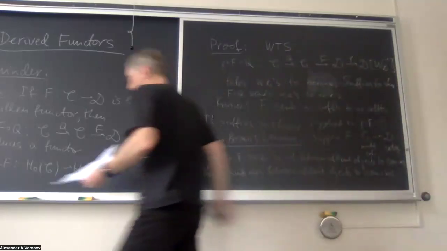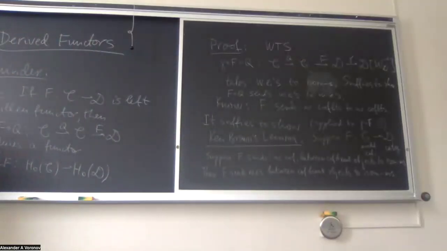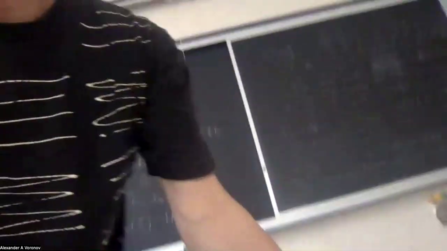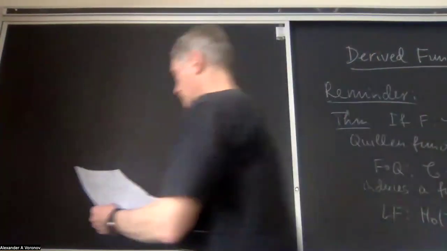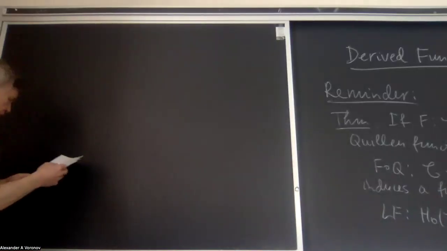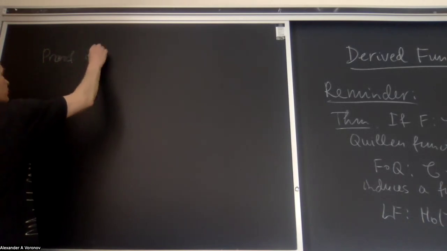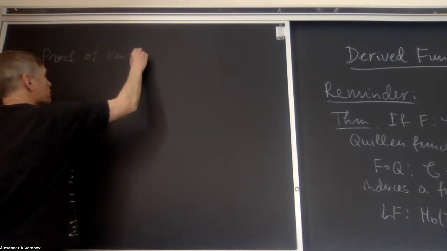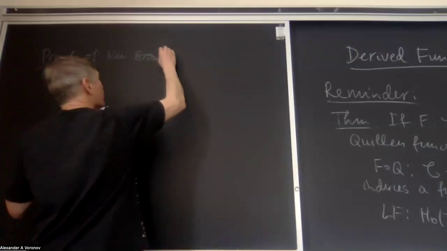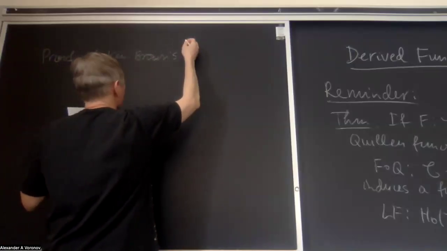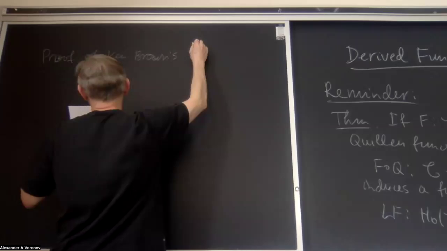So now let's prove this. Proof of Ken Brown's lemma. That's another demonstration of how the axioms of model categories are used.